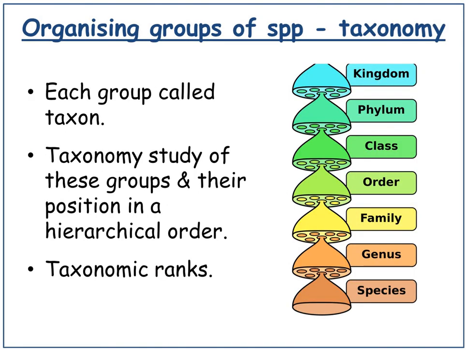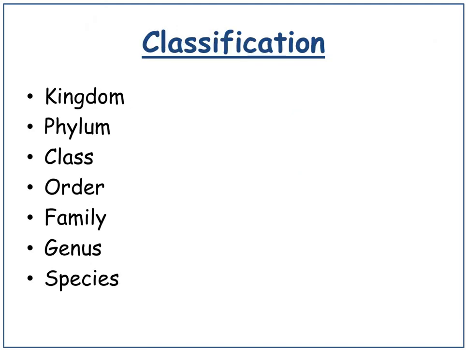Organising species into groups is known as taxonomy, and each group is called a taxon. Taxonomy is the study of these groups and their position in the hierarchical order, and they have taxonomic ranks. These ranks are kingdom, phylum, class, order, family, genus, species.